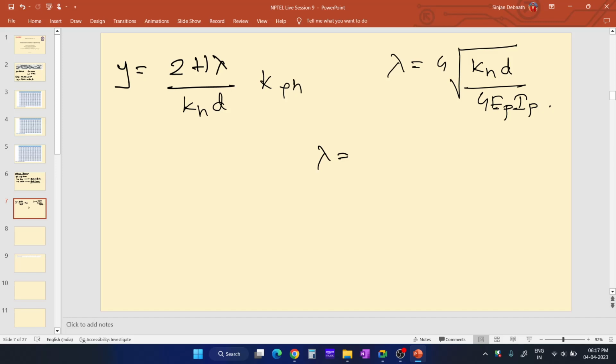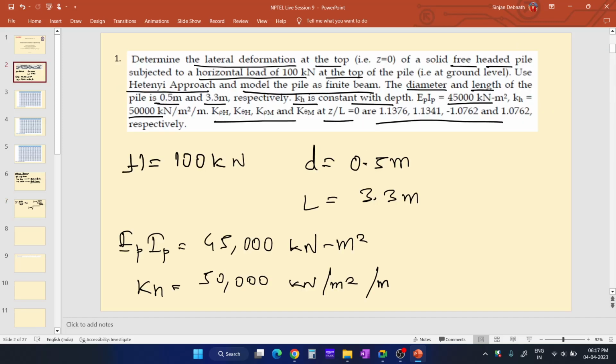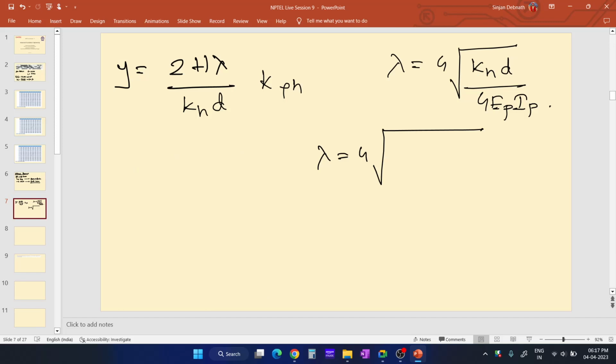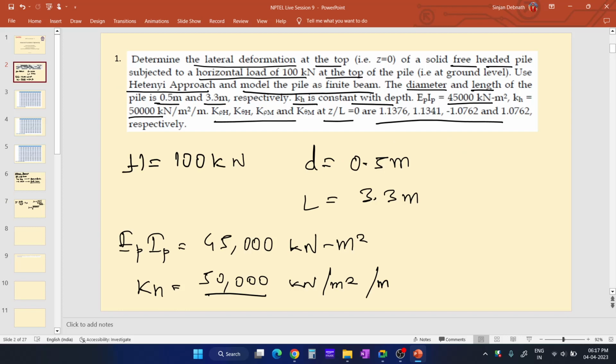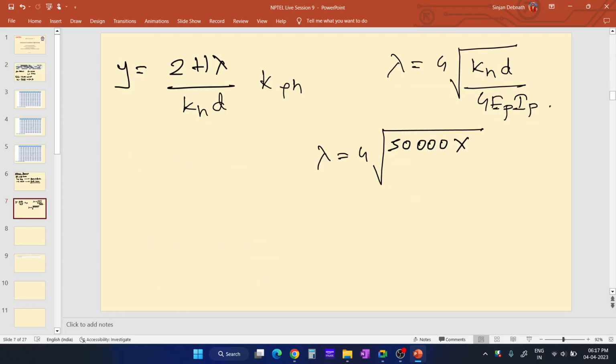So lambda is equal to the root of 4 into Kh, the subgrade modulus, which is 50,000, and the diameter of the pile, 0.5 meter, divided by 4 EpIp.